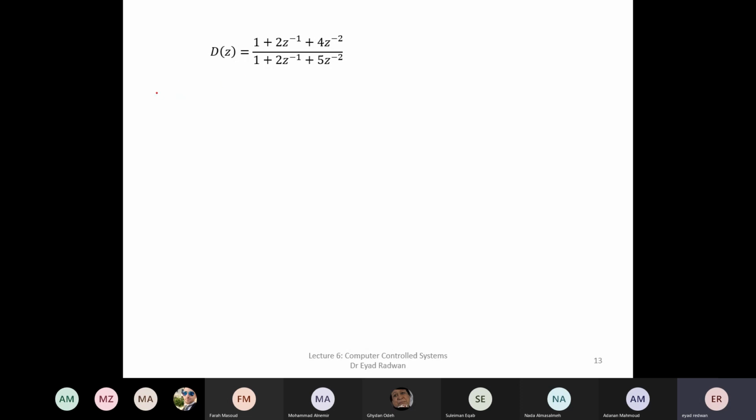The transfer function is y of z over x of z.